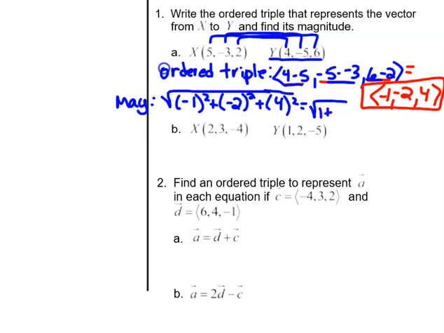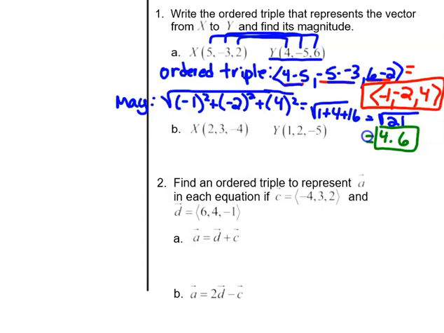Sorry, we had the wrong one here. This is -1 squared, -2 squared, 4 squared. And the square root of 21, and that is 4.6. Okay, so magnitude and a direction.